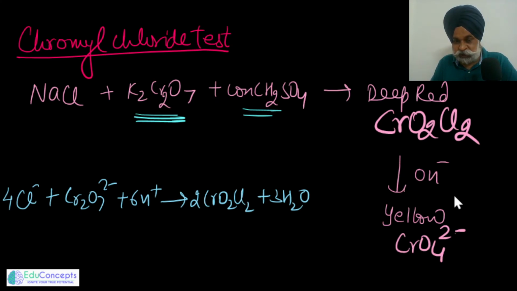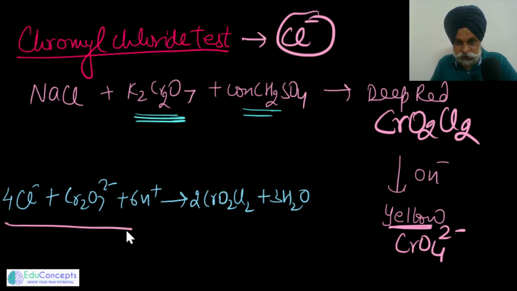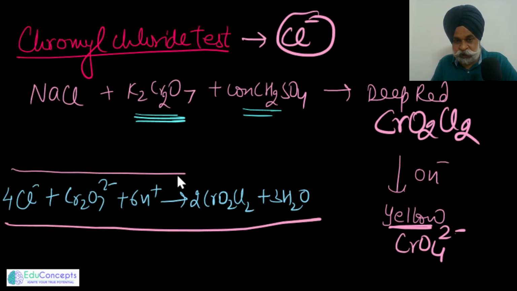That is what I have shown here, the yellow color. So this is the test specific for the chloride ion. Chloride ion reacts with potassium dichromate in sulfuric acid to form chromyl chloride, as shown here if you want to see the reaction.